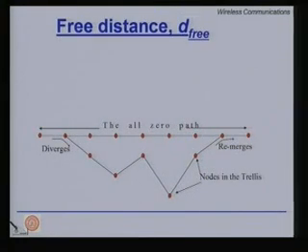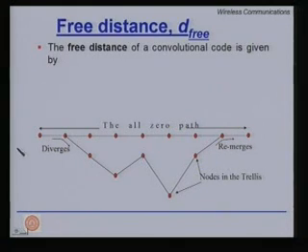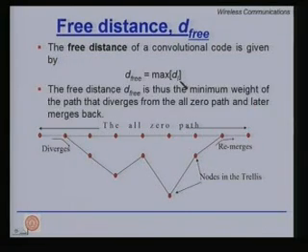Now, let us define a very interesting concept, which is called d free, or the free distance of a convolutional code. The free distance of a convolutional code is given by max d_l. The free distance is thus the minimum weight of the path that diverges from the all zero path and later merges back.